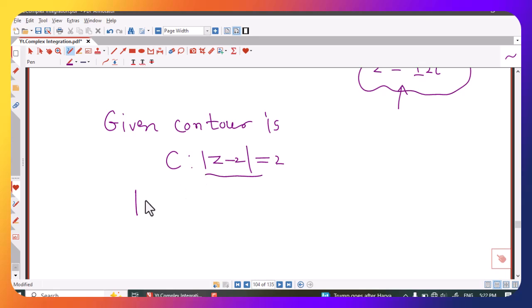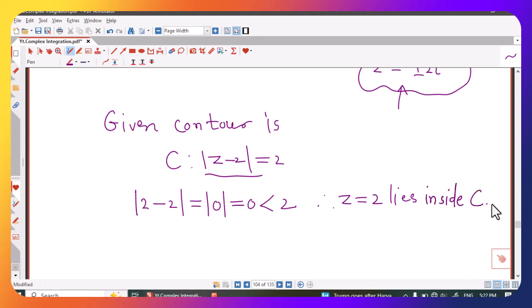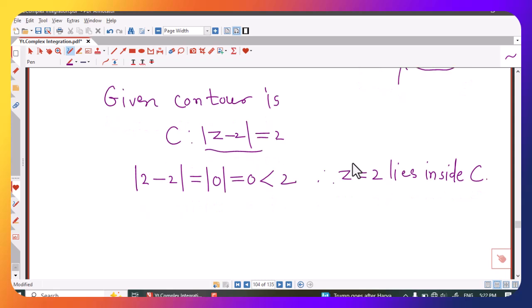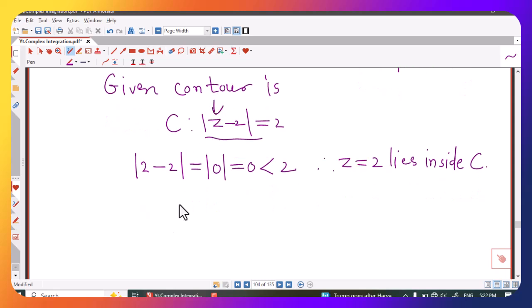Suppose I put z equal to 2, then I will have absolute value of 2 minus 2 equal to 0, and it is less than 2. This means z equal to 2 lies inside the given circle.